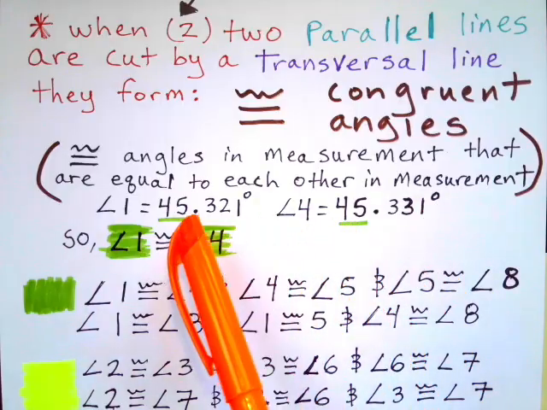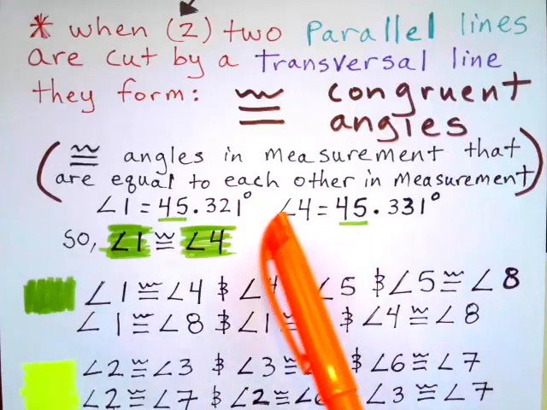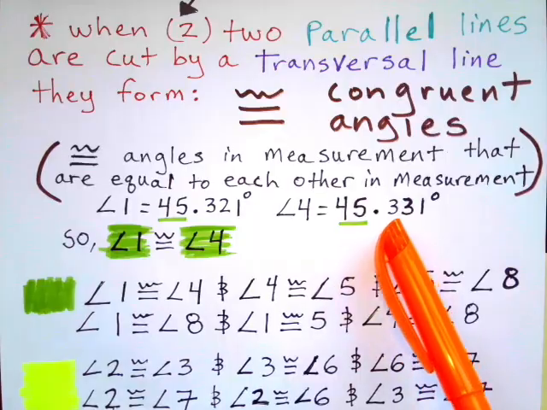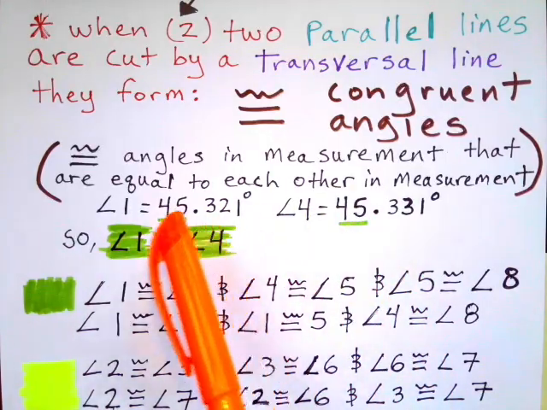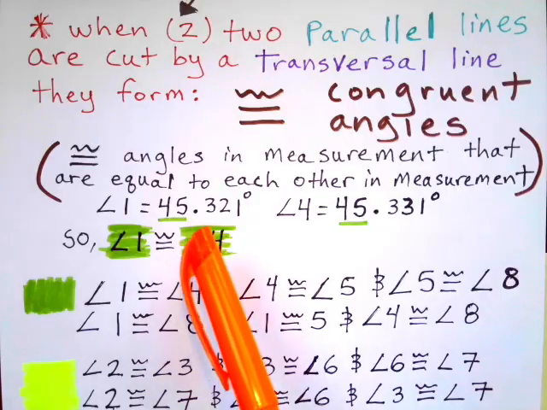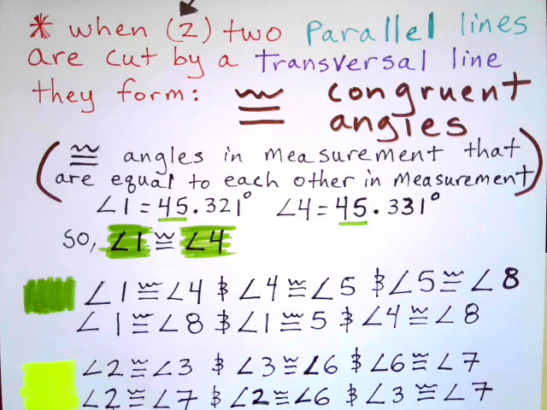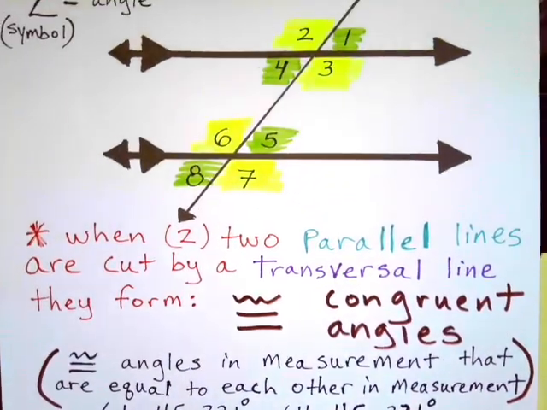So they're both 45 degrees. Can you see how they're both kind of equal there? But then 0.321 is different than 0.331. They're both 45 degrees. We can say they're congruent, almost equal in measurement to each other. So I'm hoping that makes things crystal clear for you if you've been confused with that in the past.